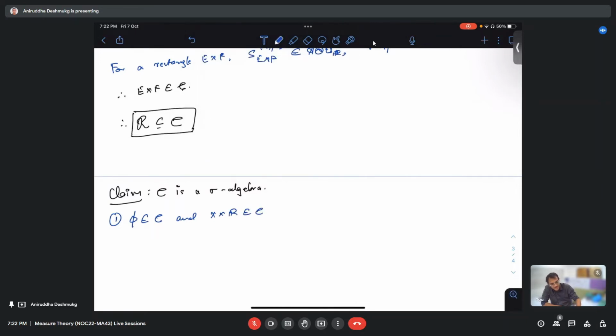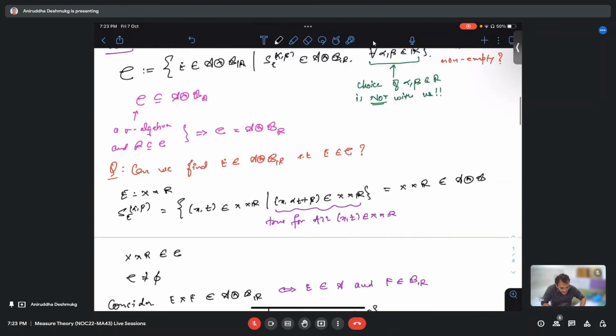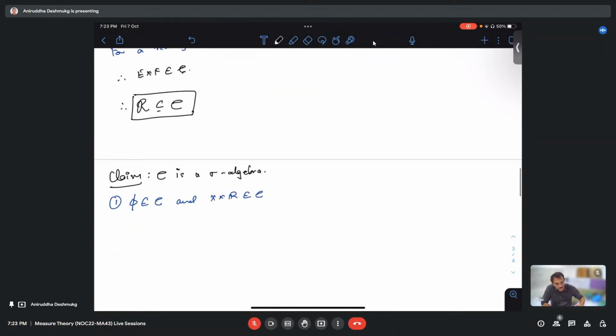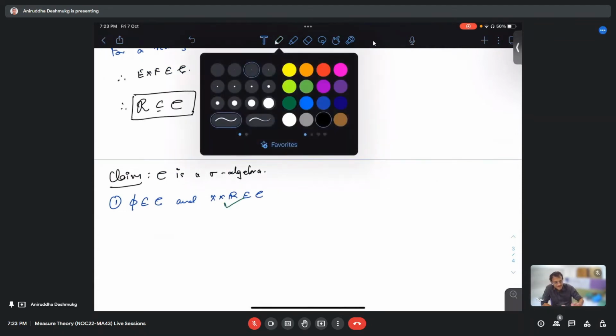But is this true? The whole space is a rectangle, obviously. And we have already started with that. To prove that C is non-empty, we actually proved that X cross R is inside C. So at least this part is true. What about the empty set?